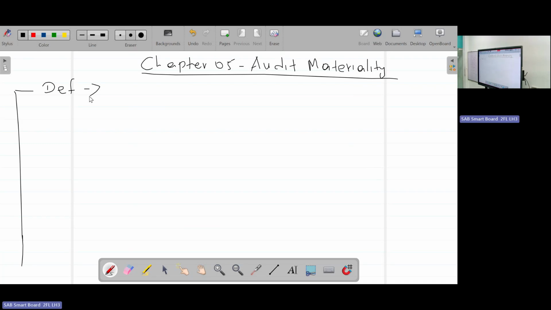Very important. For discussing the concept, let me explain why materiality matters and how this concept is important to the audit.